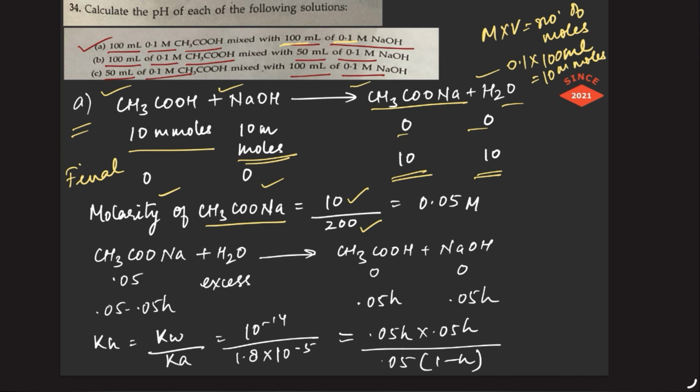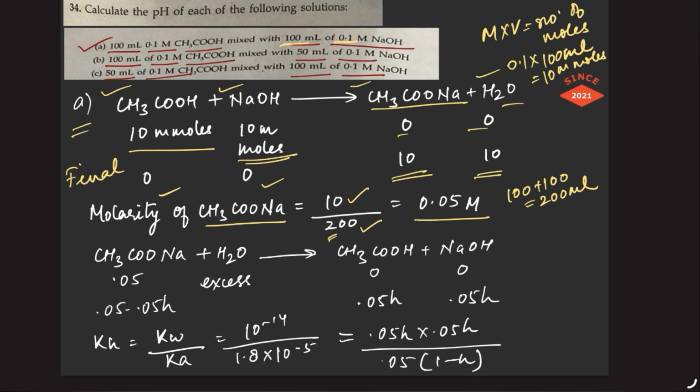When 100 milliliter of acetic acid is mixed with 100 milliliter of NaOH, then total volume becomes 100 plus 100, that is 200 milliliter. So molarity of sodium acetate solution is 0.05 M.